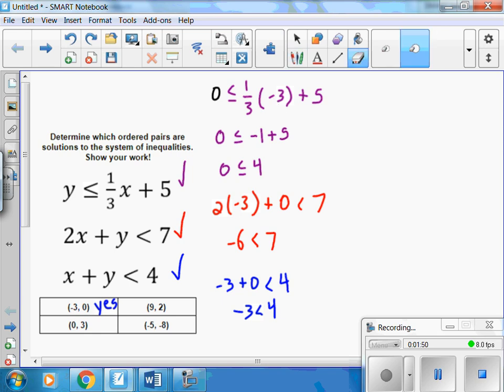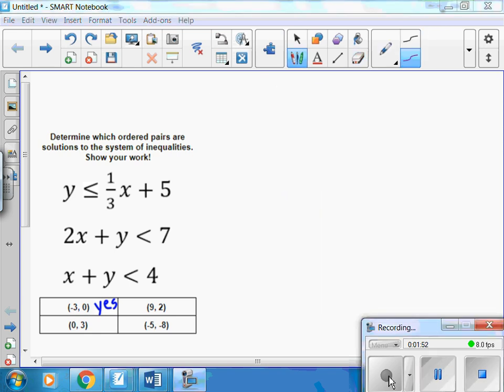Okay, so now let's try (9, 2). We're going to plug 2 in for y. So we'll do that up here. So we got 2, and then that is less than or equal to 1/3.